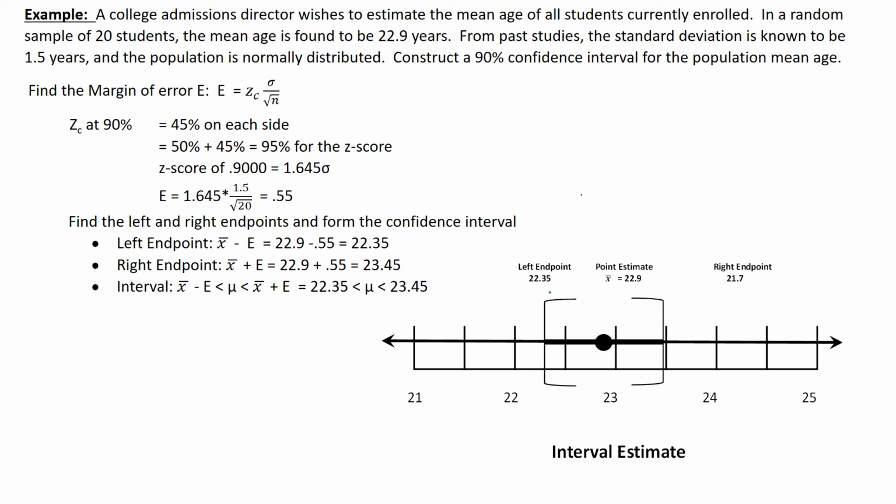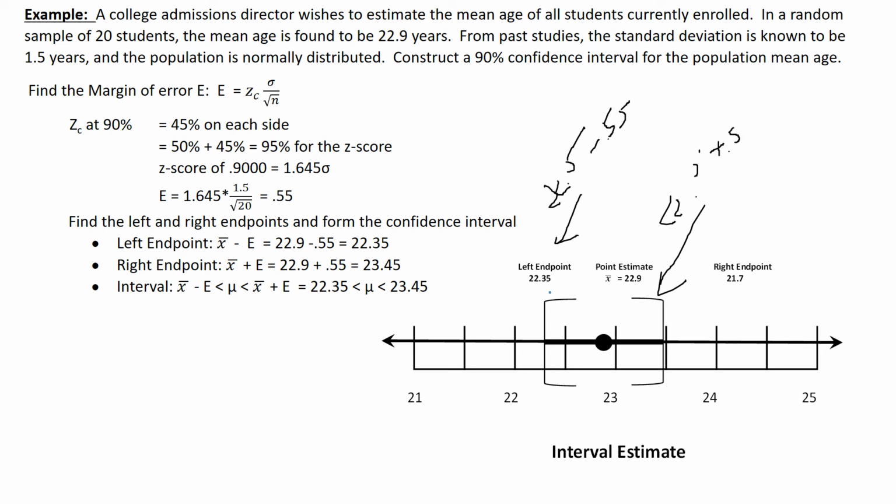This is simply 22.9 minus 0.55. And then on this side, it's 22.9 plus 0.55.